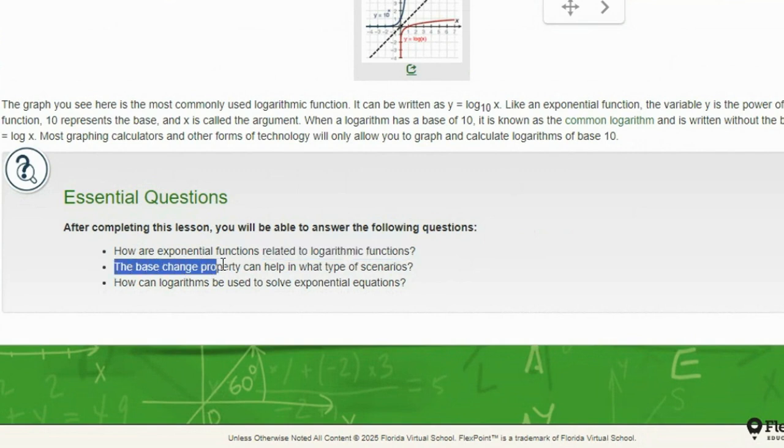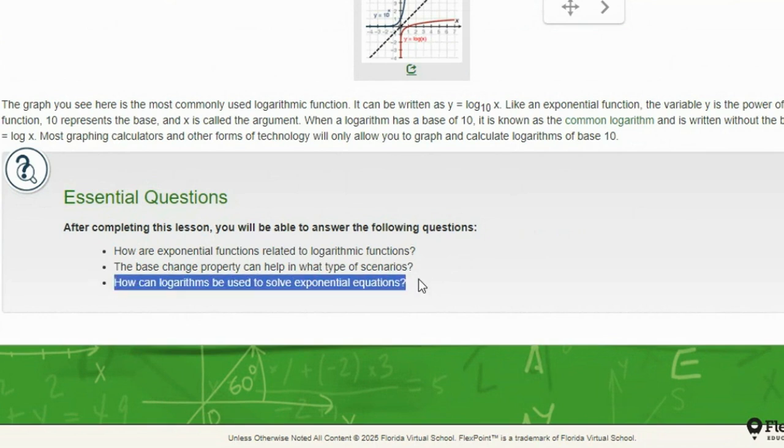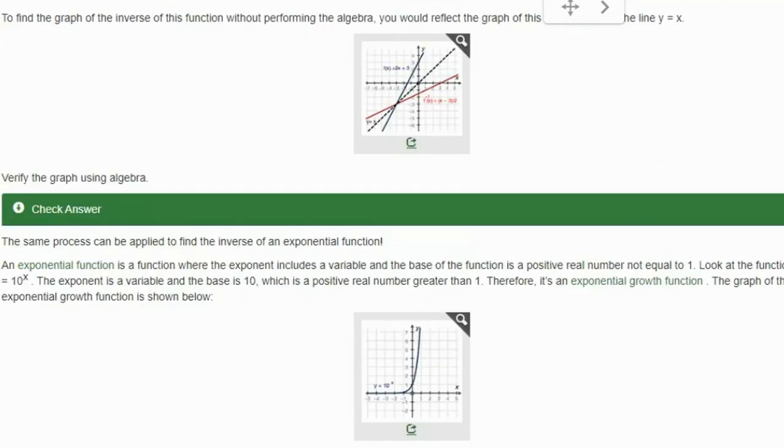The base change property can help in what type of scenarios? And how can logarithms be used to solve exponential equations? We learned about solving exponential equations last week. We're going to learn how to use logarithms in helping solve these types of equations. And we will be using our calculator a lot this week with logarithms. Let's go to page 2.